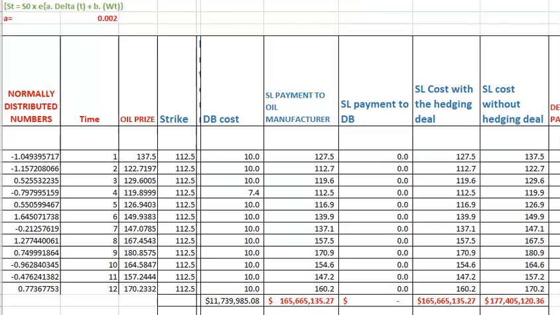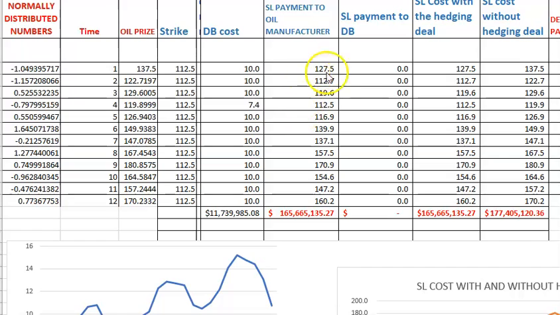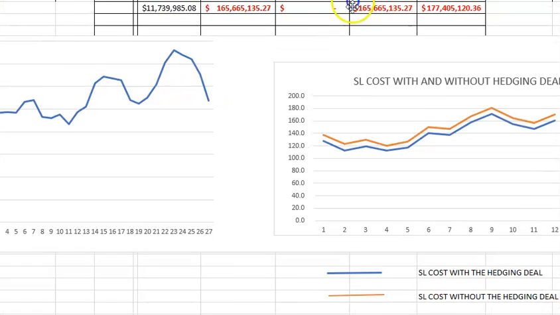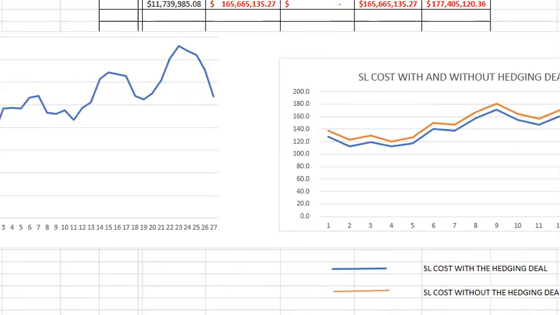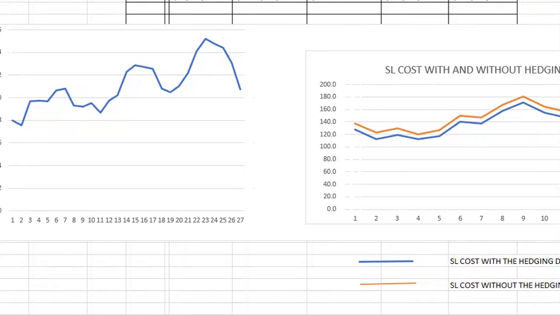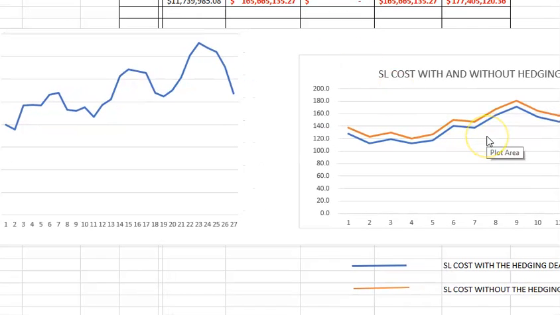Using this, I could calculate the payment to the oil manufacturer, how much Deutsche Bank has to pay, and then the strike, all that good stuff. And then, like before, on the left hand side is the oil price, and the right hand side is the cost with and without the hedging deal.